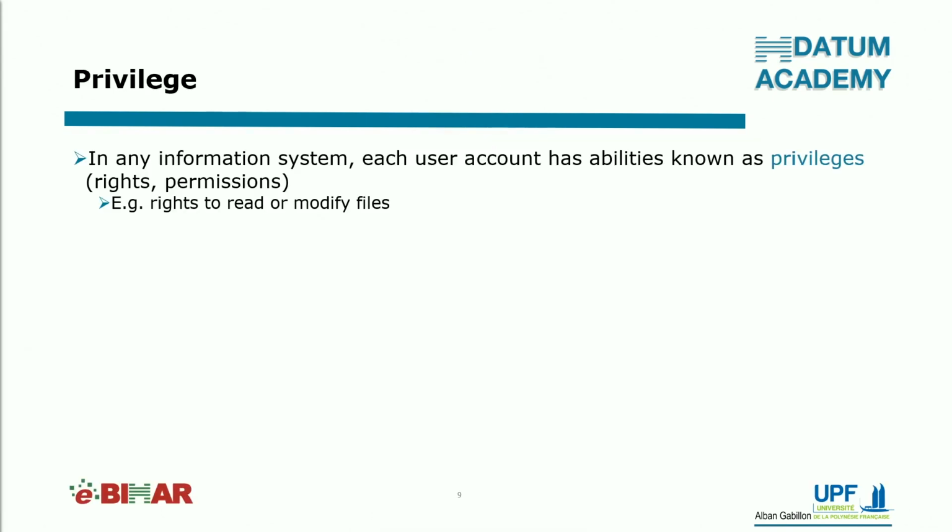When you use a computer, you have certain privileges as a user. These privileges are linked to your account. For example, they include the right to create or edit your own files, or to run certain applications. A synonym for privilege is right or permission.